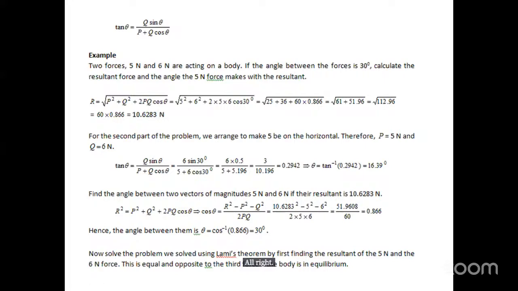So I have to start from the beginning again, right? Okay, start from the top. Two forces, 5 newtons and 6 newtons, are acting on the body.